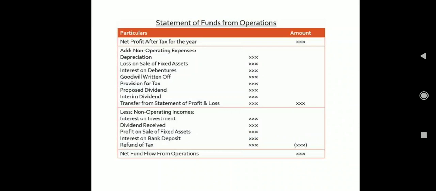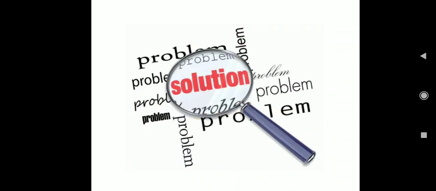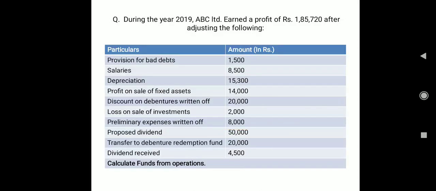Some examples for that also: interest on investment, definitely non-operating; dividend received, non-operating; profit on sale of fixed asset, non-operating. So all those items we are going to deduct here, and after that addition and deduction, the final amount we get will be known as your net fund flow from operation. Clear? Now we will move towards a problem, and for that we'll check the solution also. I hope that topic is clear for you.